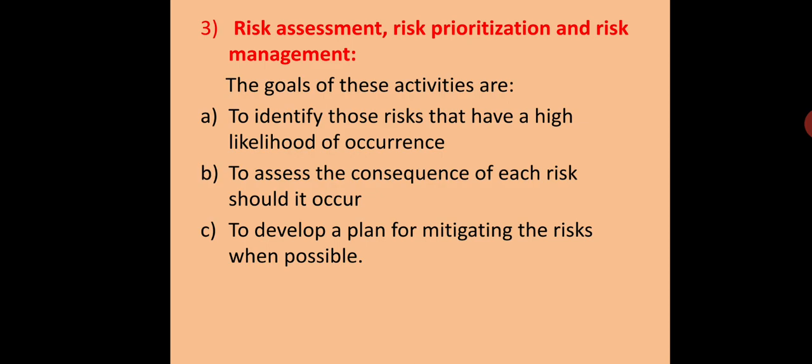What I mean by mitigating the risk is that you make it less severe. You don't totally remove the risk. You just make it less severe so that fewer things are affected and the consequences are not bad. The impact of a risk is not bad on a given project.